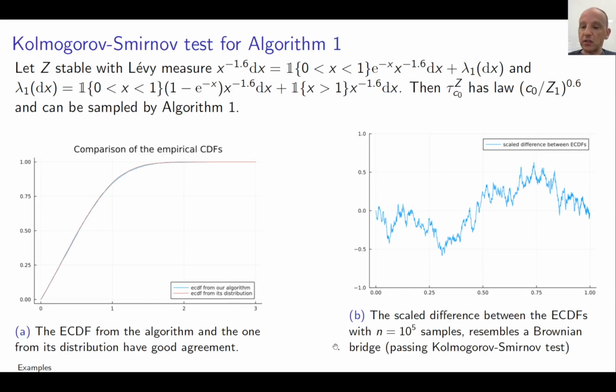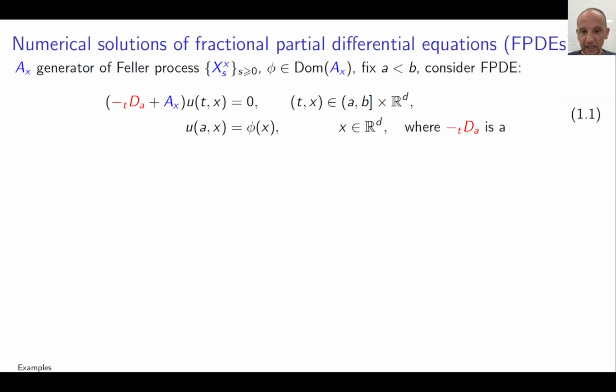It's natural to construct the Kolmogorov-Smirnov statistic and to look at the trajectory that one gets, which should resemble the trajectory of a Brownian bridge. This is based on 100,000 samples, and you see that this really looks exactly like a Brownian bridge. So this would pass the Kolmogorov-Smirnov test without any problems. Okay, so that's just a fun test to see that our algorithm implementation seems to be making sense.